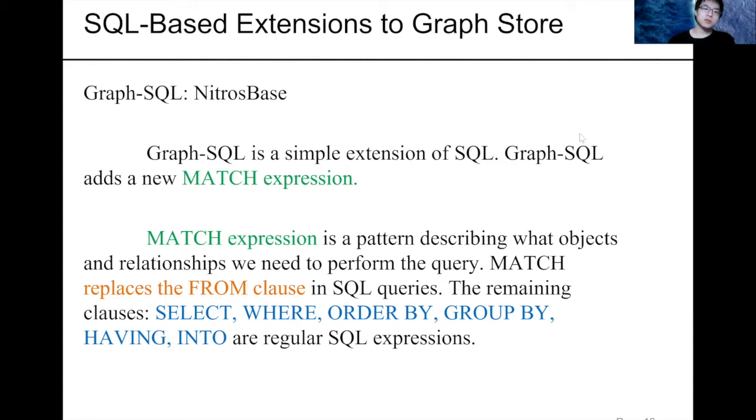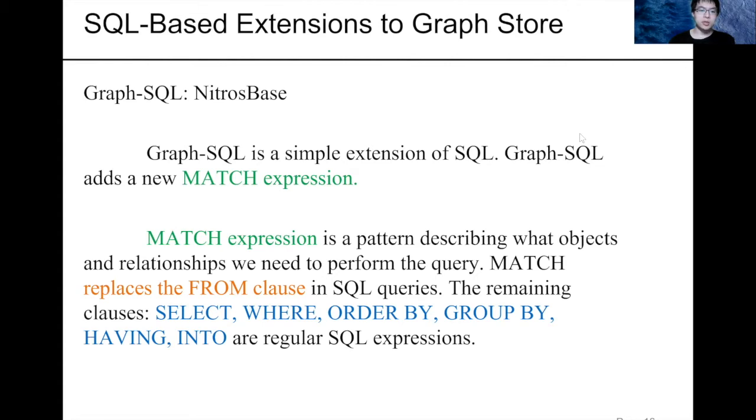GraphSQL is a simple extension to SQL. It adds a new MATCH expression. A MATCH expression is a pattern describing what objects and relations we need to perform the query. MATCH replaces the FROM clause in SQL.